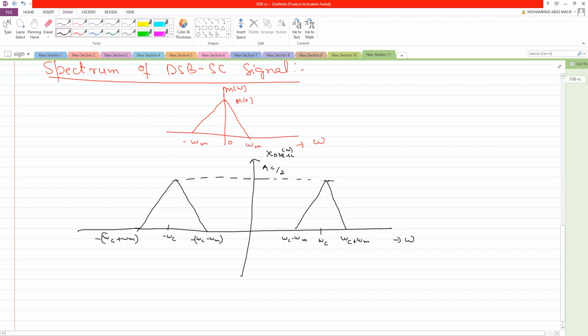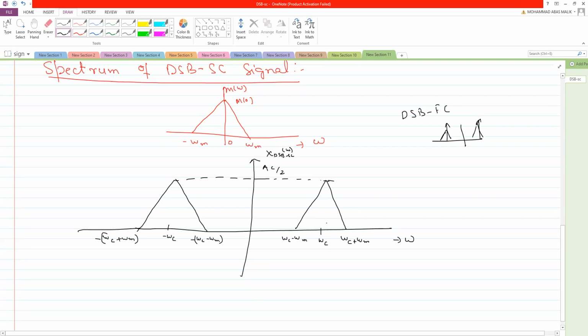Are you getting my point? What's missing? If you compare this with double sideband full carrier, your spectrum was like this. There was one spike here. That was the carrier signal. So there is no carrier signal here.